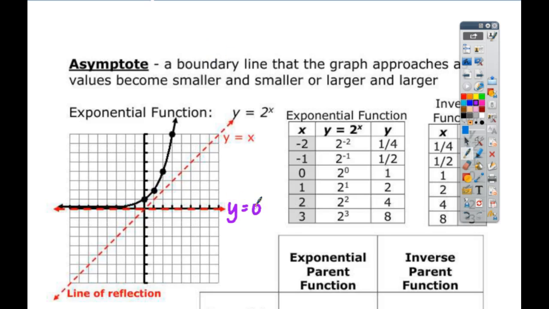Right? So if I wanted to talk about the inverse of the exponential, first of all, what would happen with the asymptote? If I switch the x and the y, y equals 0 will become x equals 0, right? So that means the asymptote would have to go this way for this one.